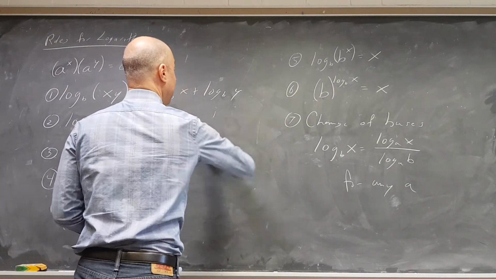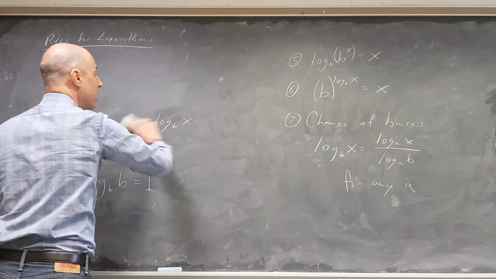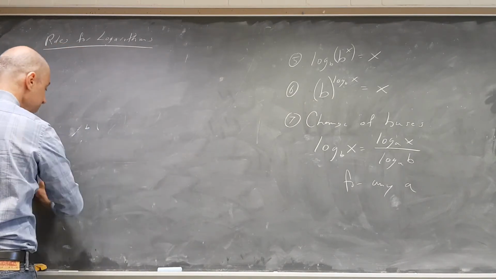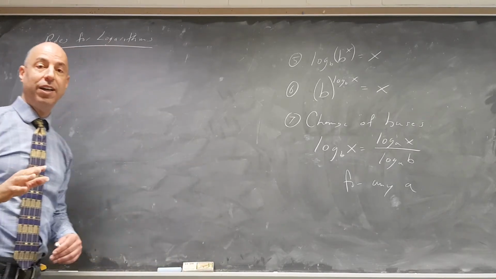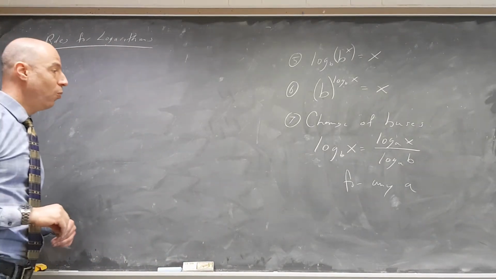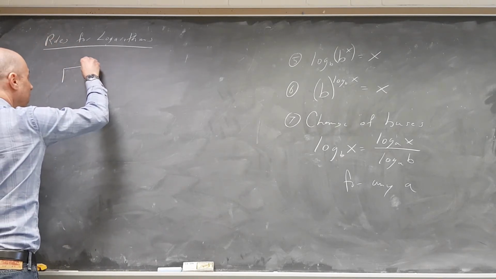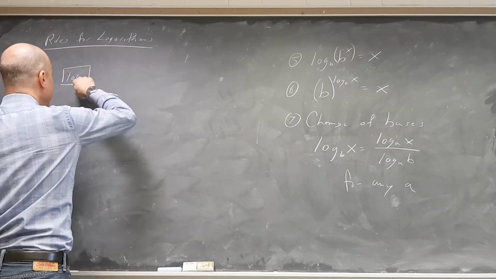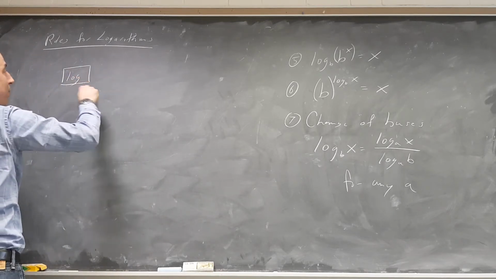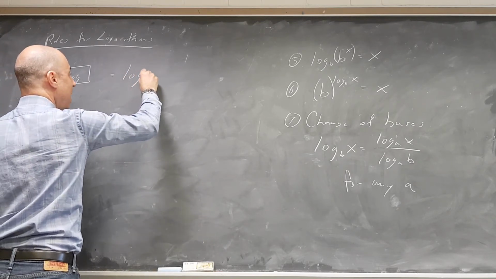This has a major advantage when it comes to your calculator. Most of us have two buttons on our calculator that deal with logarithm. We have a button that's marked log. And when you have log with no base beside it, this means log to the base 10.